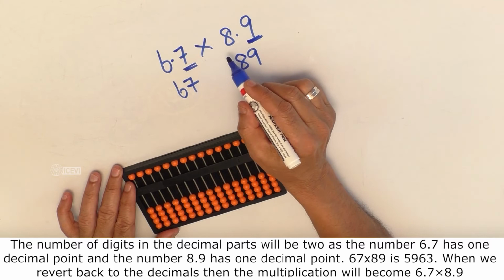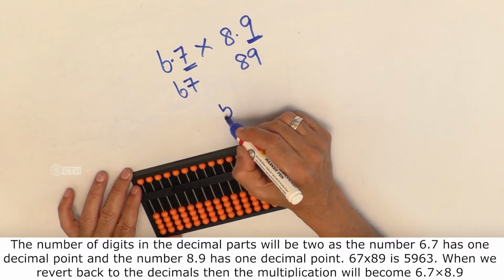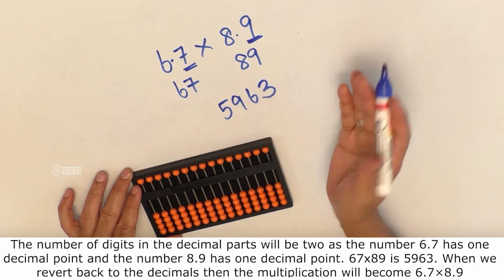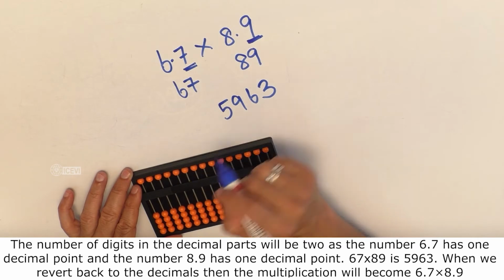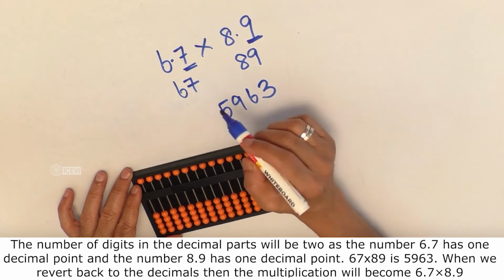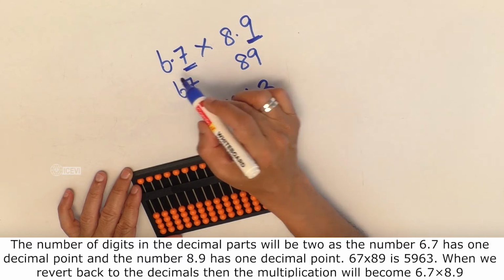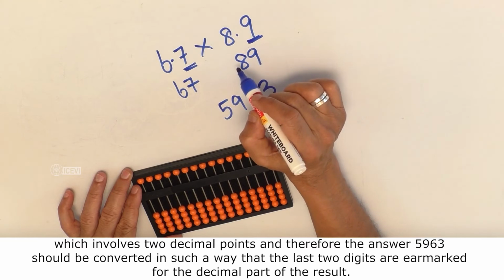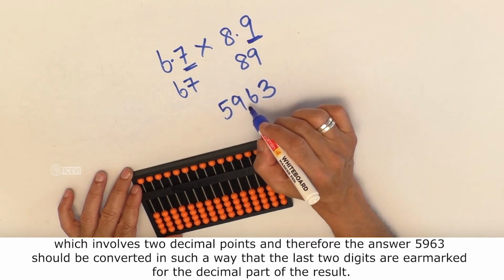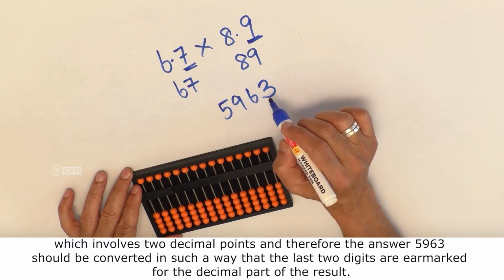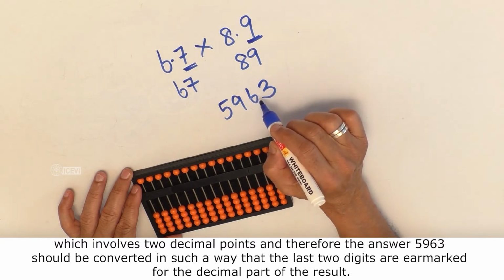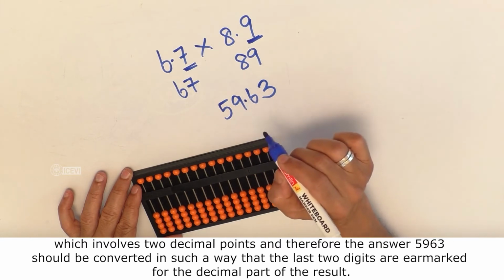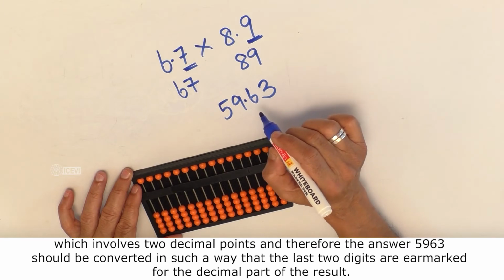67 multiplied by 89 is 5963. When we revert back to the decimals, then the multiplication will become 6.7 multiplied by 8.9, which involves two decimal points, and therefore the answer 5963 should be converted in such a way that the last two digits are earmarked for the decimal part of the result.